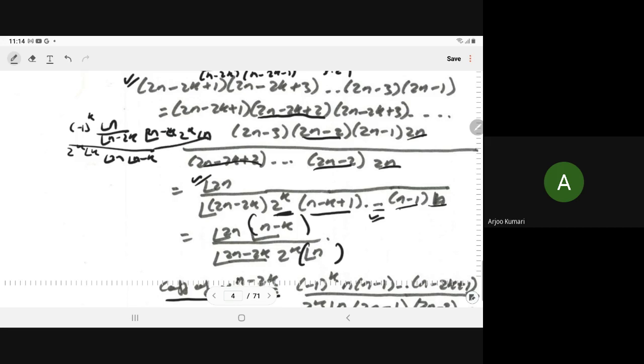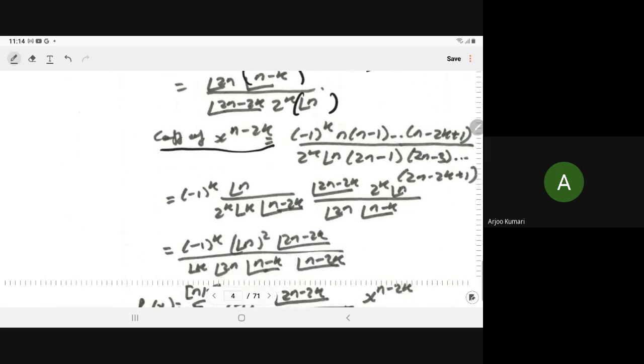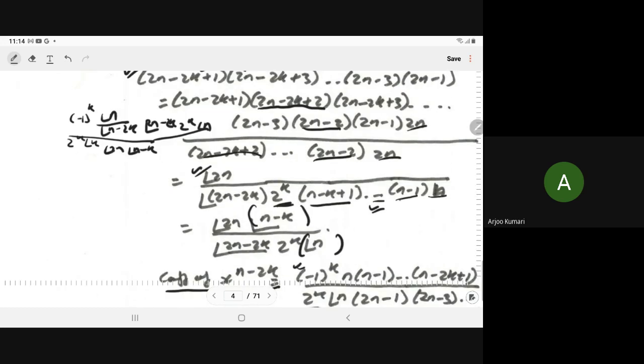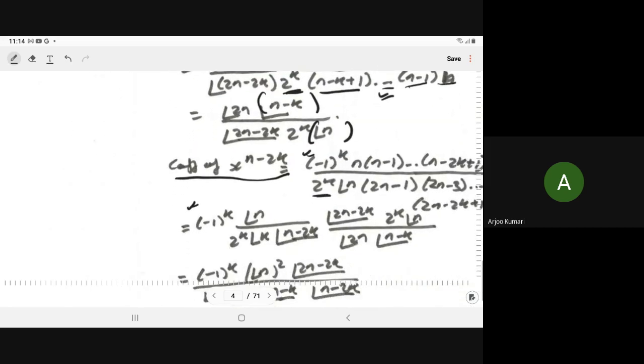This we can write. So here the coefficient will become (-1)^k, and the numerator can be written as factorial n upon factorial of (n-2k). I have written 2 to the power n, and 2 to the power k, and factorial k. It is the factorial k, I think. Yes, factorial k, wrongly written.